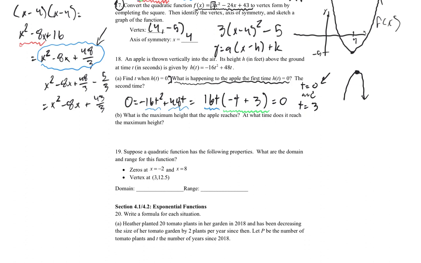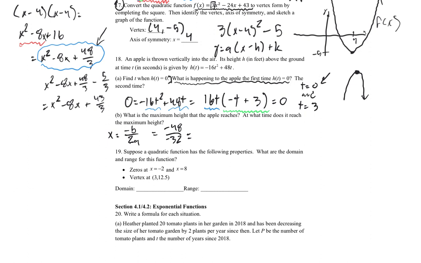You might have learned in class that the x-coordinate of the vertex is negative b over 2a. Well, in our equation, what is b? Well, that's 48, so let's go with negative 48 over 2a, so that should be negative 32. What does that equal?